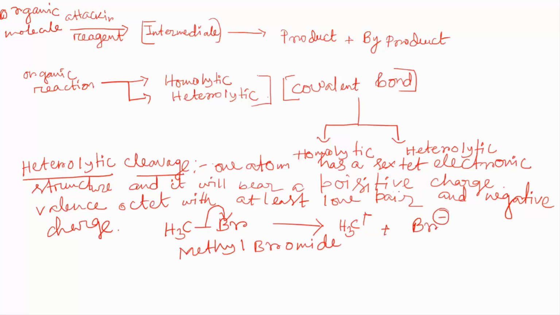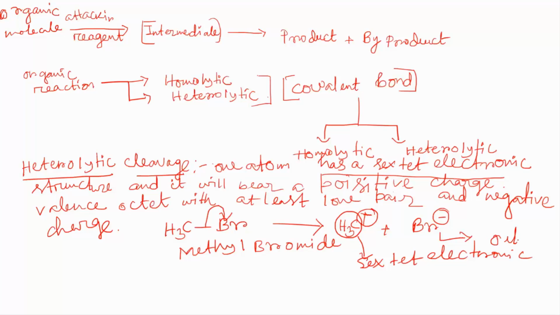So as I said, one atom has a sextet of electrons, because the CH3 carbon is a carbocation moiety, and this is a negative anion, Br-. I already said that one atom has a sextet electronic structure, so the carbon in CH3 has a sextet electronic structure, and this one has an octet with at least one lone pair and one negative charge. So this is how heterolytic cleavage happens.